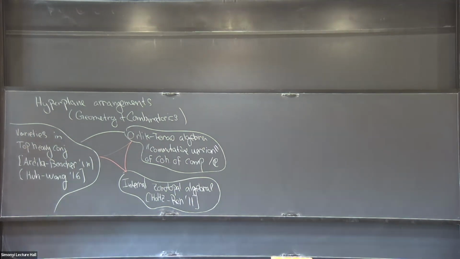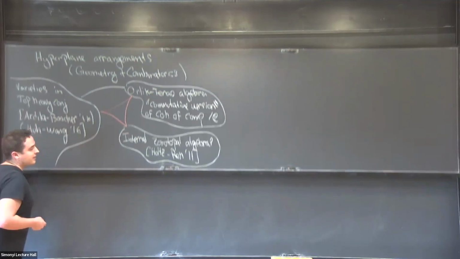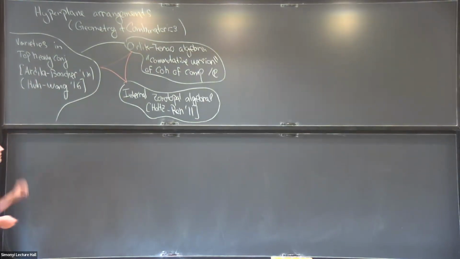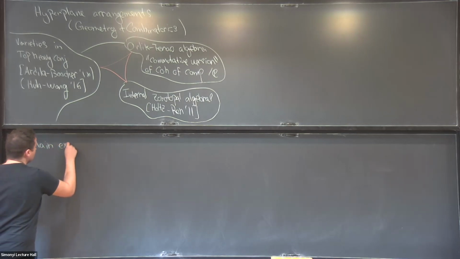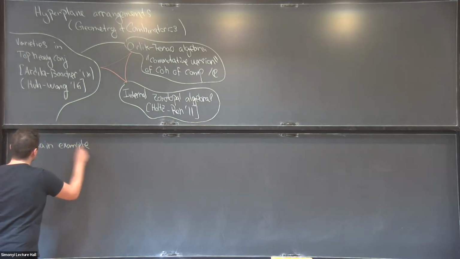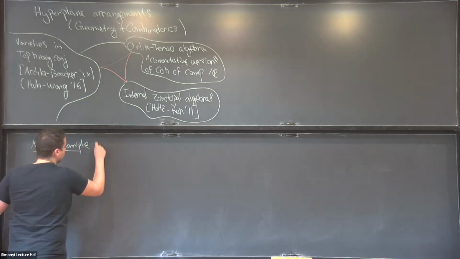Okay, so very generally, that's what I'm going to say. But for this talk, I want to focus on a particular example, which is already pretty interesting. And that's the hyperplane arrangement associated to the type A root system, which I'll call the braid arrangement. So the main example for today is the braid arrangement.